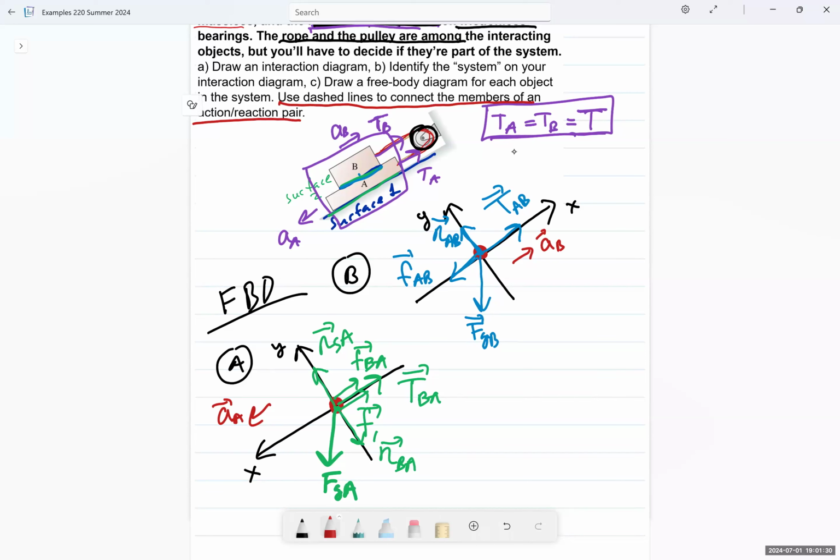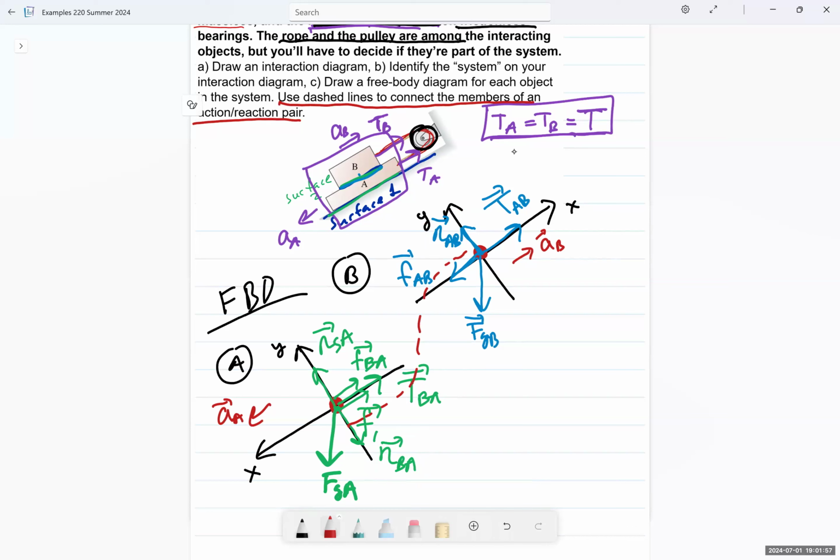When they are interacting, they exert force on one another that have the same magnitude but opposite directions. We can see that, for example, here's the normal force A on B, which is upward, and here's the normal force B on A, which is downward. Those are an example of action-reaction interacting forces. This is the first pair that we found.